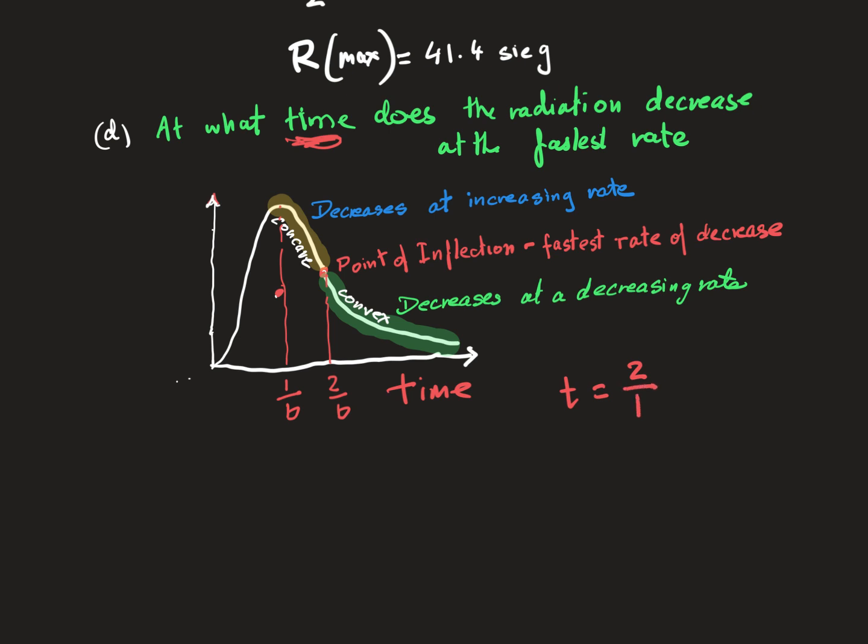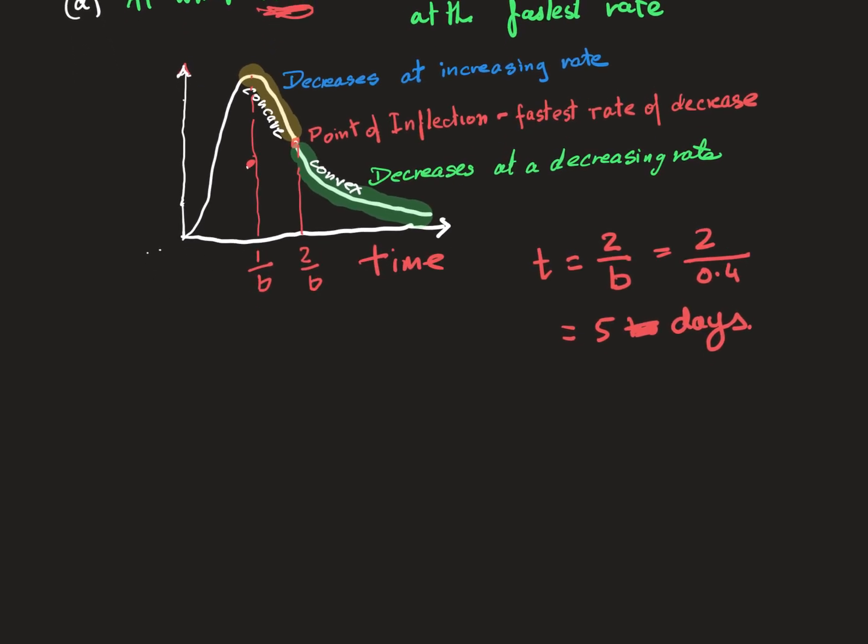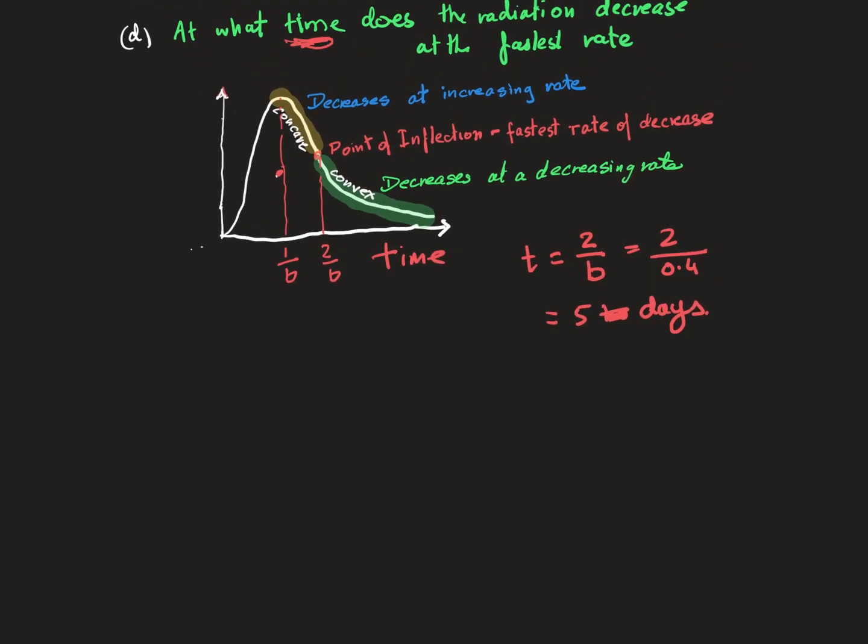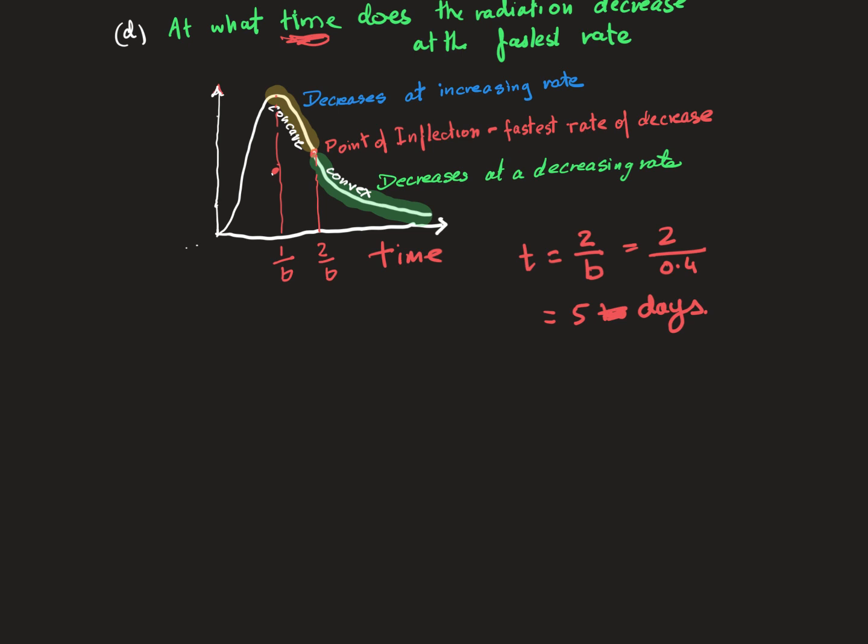That becomes 2 over b, what was b? 0.4. So that becomes 5 days. You just doubled the 2.5 from before. 5 days.